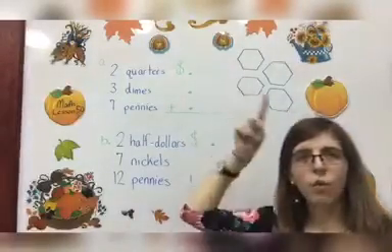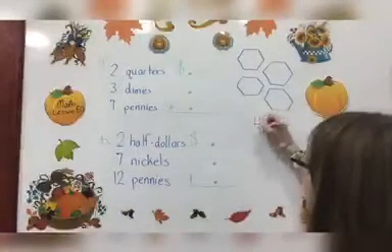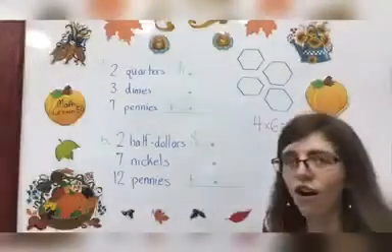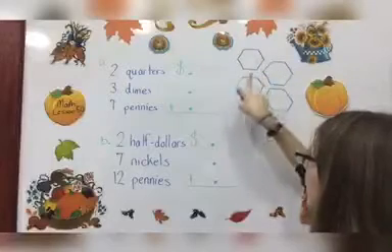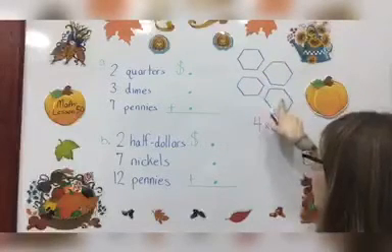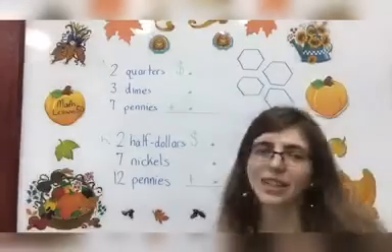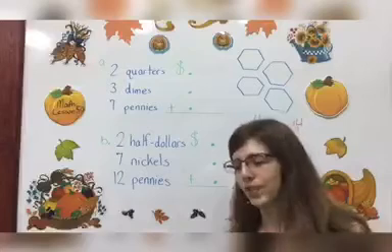Well, that's 4 shapes with 6 sides in each shape. How many is that in all? 6 plus 6 more is 12, plus 6 more is 18, plus 6 more is 24. So 4 times 6 is 24. So when you multiply by 6, you count por 6.